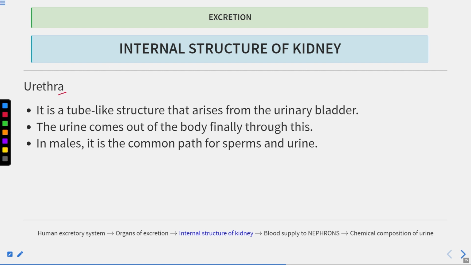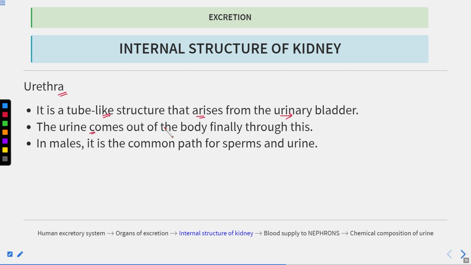Now, what is the urethra? The urethra is again a tube-like structure that arises from the urinary bladder. The urinary bladder continues into a tube-like structure known as the urethra, and the urethra is an opening through which you can discharge the urine.